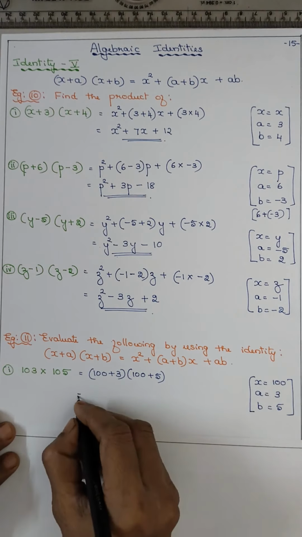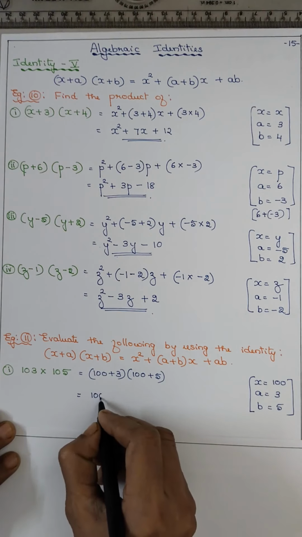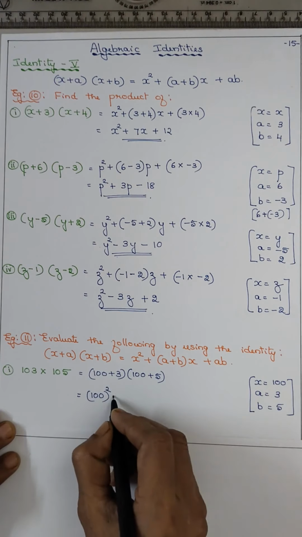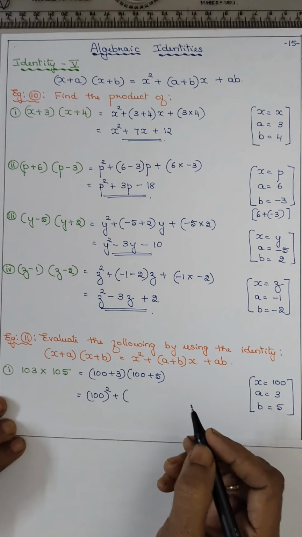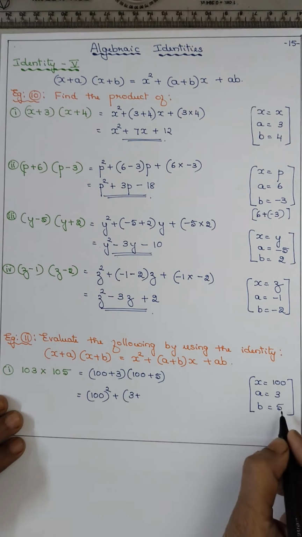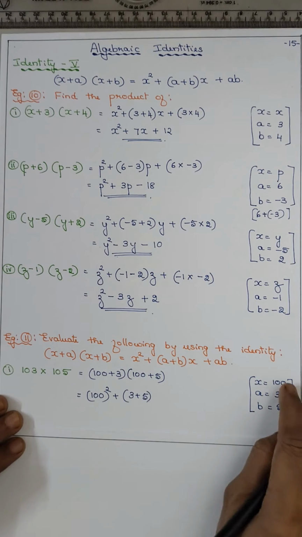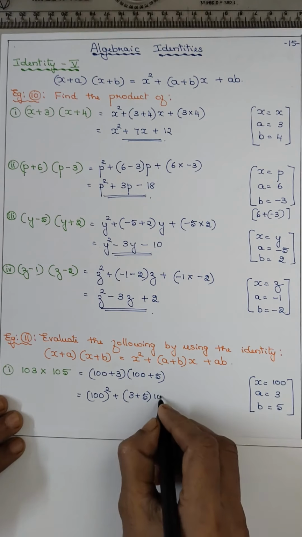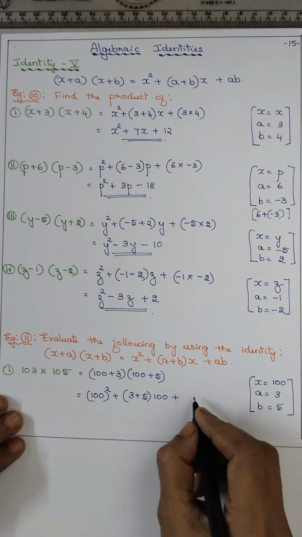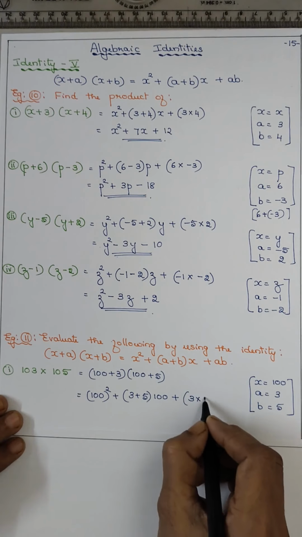Now, put the values. X square, that is 100 square, plus (A plus B) into x, that is 100, plus A into B. A is 3, B is 5, so 3 into 5.